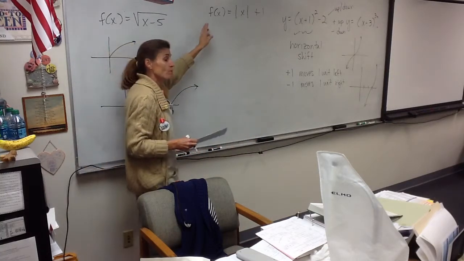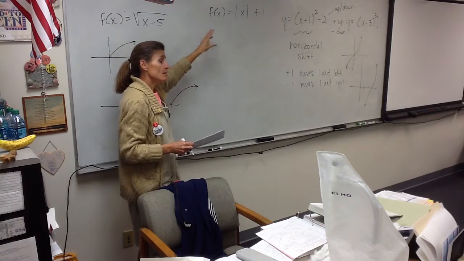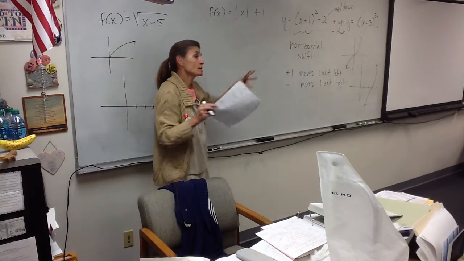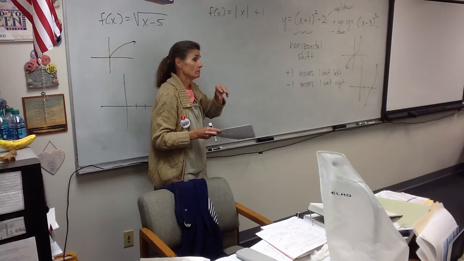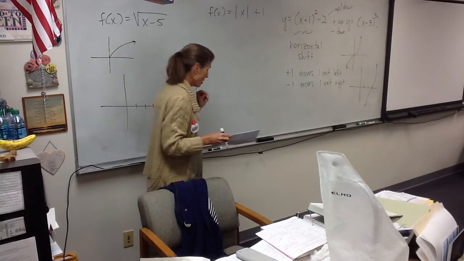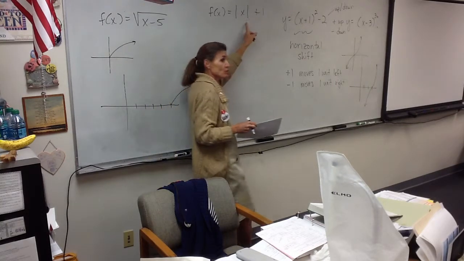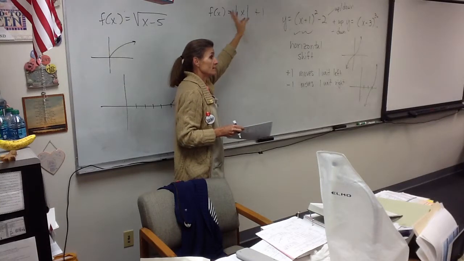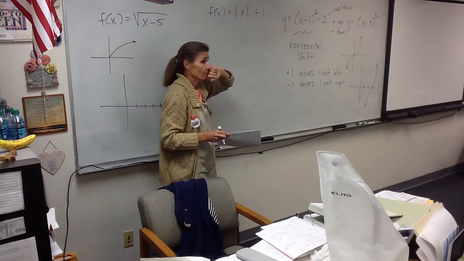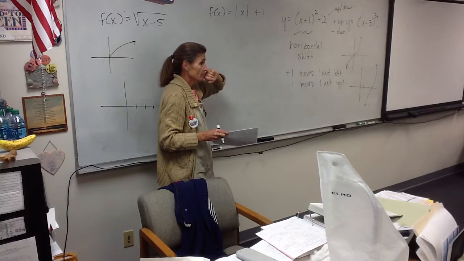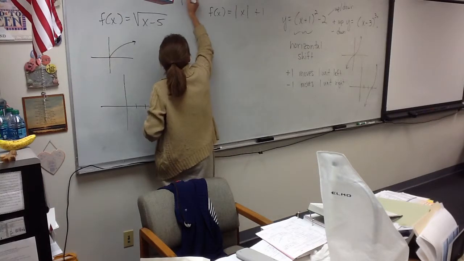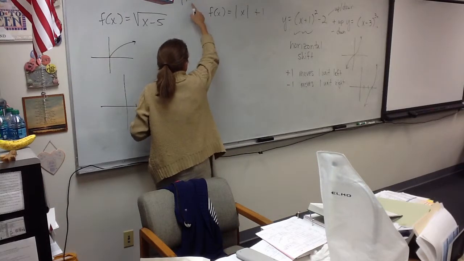Now, first thing though, when you look at the problem, you got to figure out, is this horizontal or is this vertical? So you got to ask yourself, is this hooked right to the x, or is it stuck on the end of the problem? It's stuck on the end. This would be hooked right to the x, kids. Do you see the difference between that and this?